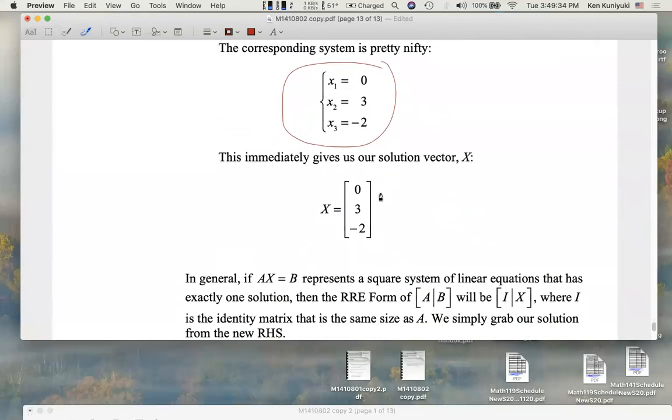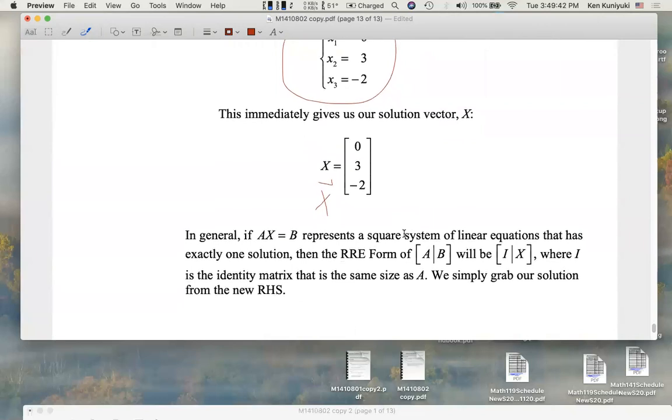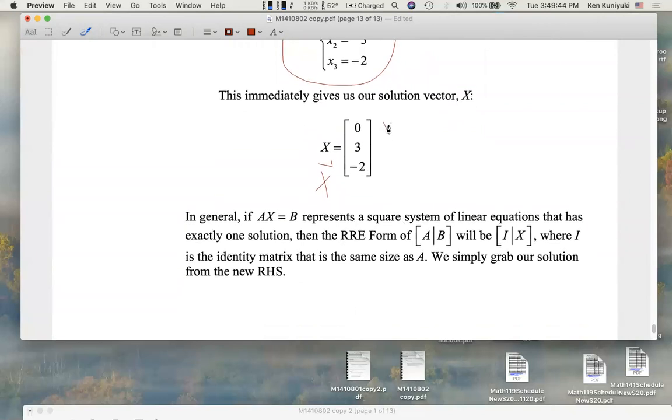Instead of using braces, I'll express this vector as just a column vector, 0, 3, negative 2. It's assumed that we know that this is x sub 1, the value for x sub 2 here, value for x sub 3 here. And you can check.